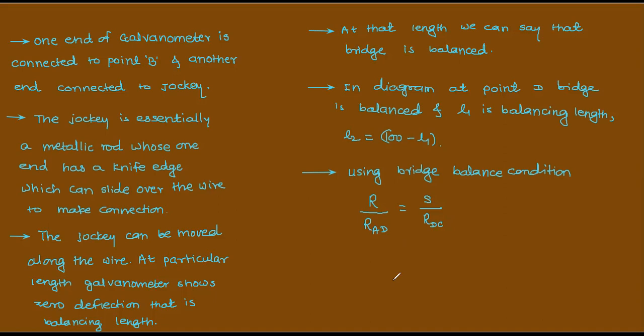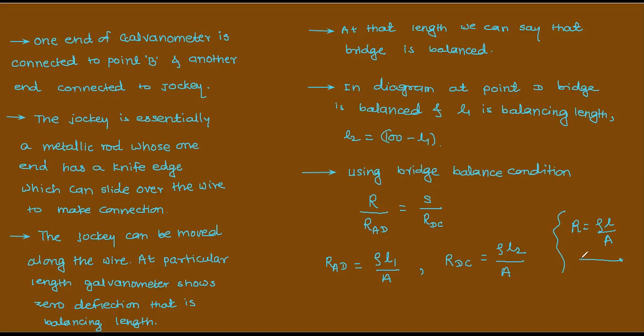Now we know R of AD is equal to rho into L1 divided by the area of cross section. Similarly, R of DC is equal to rho L2 divided by A. Yes, we know this relation: R is equal to rho L by A for a particular wire.